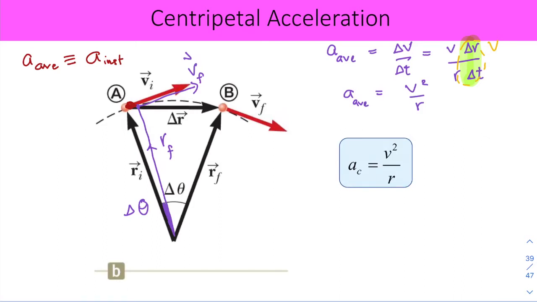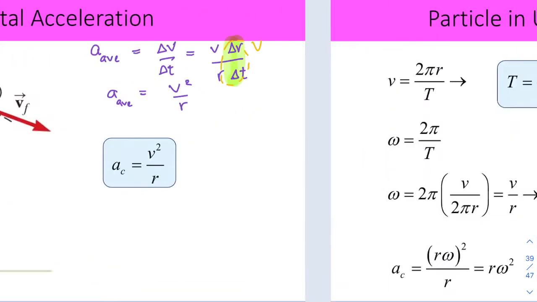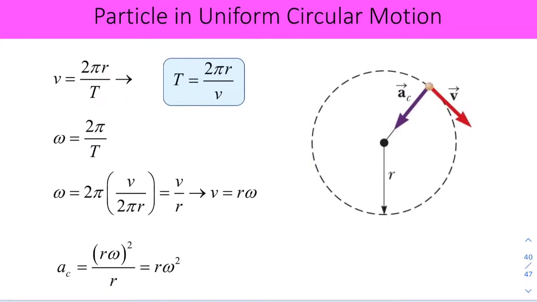Alright, so talking about circular motion, of course we are going to have a period of it, time of it, the speed. Instead of having changes in speed and also direction, we can have also another term in terms of angular, we call it particle in uniform circular motion.